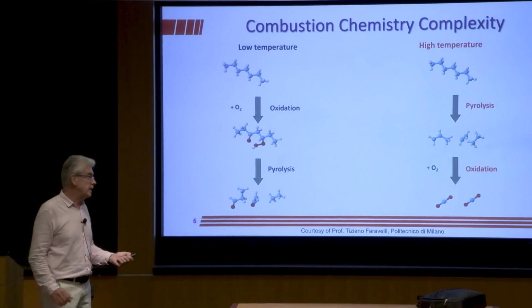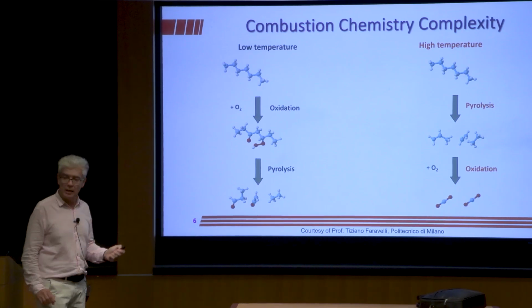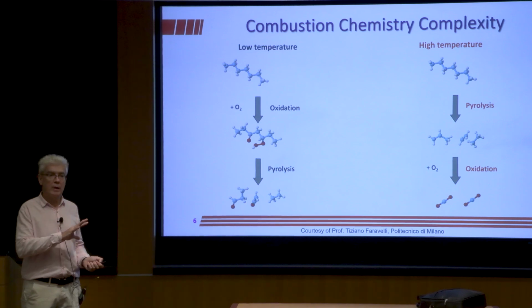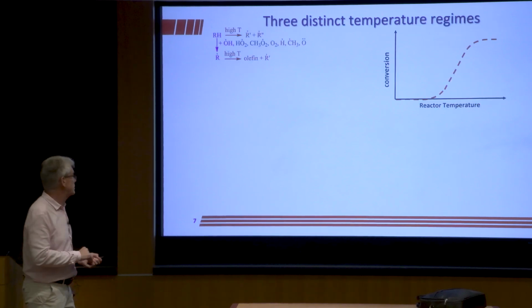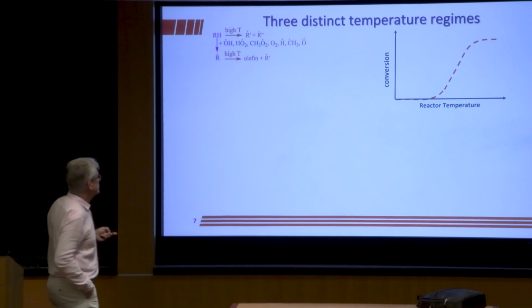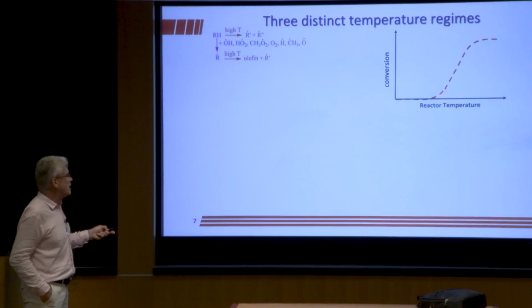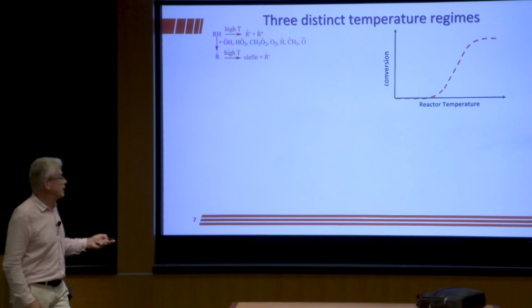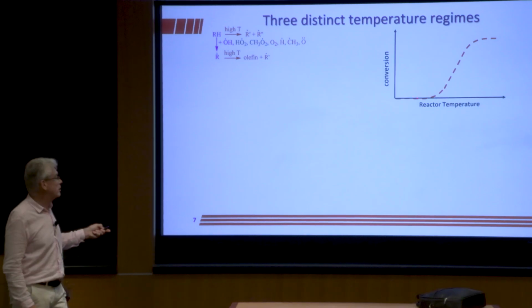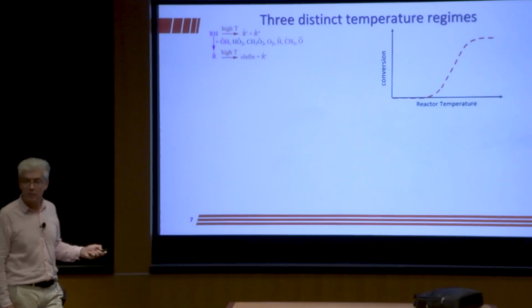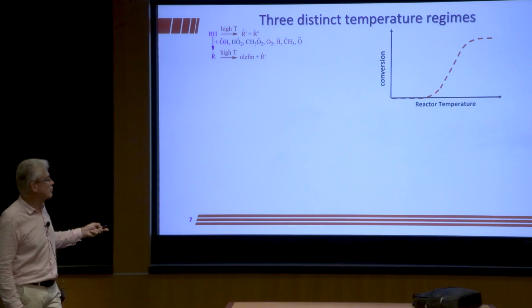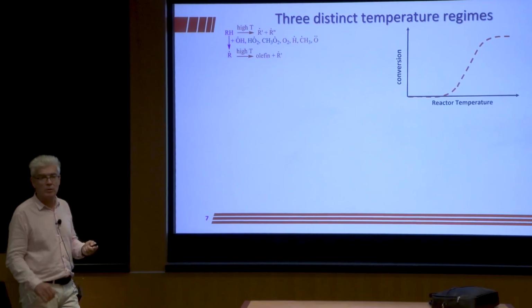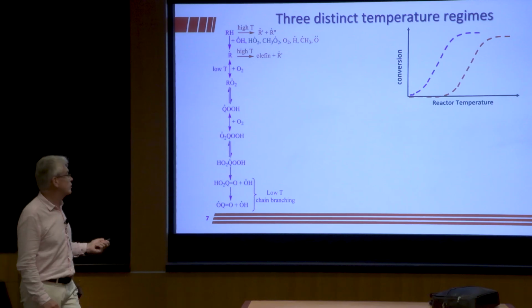Okay, just look at this slide. I think it's very nice, and it shows you what happens at low temperature and high temperature. At high temperature, you have to wait until you get to high enough temperature, because there's an activation energy barrier to break that CC bond. So reactivity doesn't start until relatively high temperature, and then the conversion plateaus out, goes to about 1, where all your fuel is consumed.